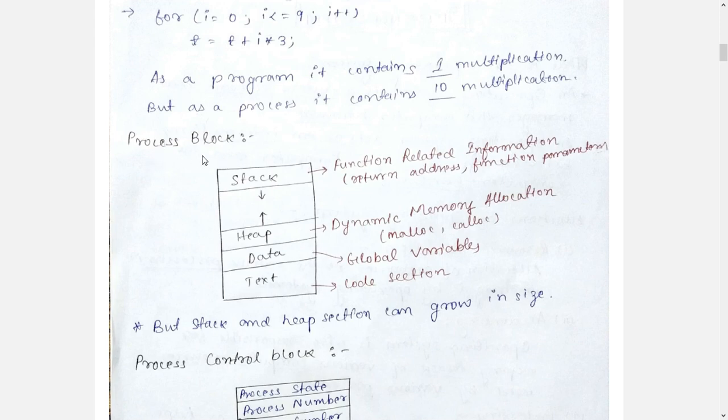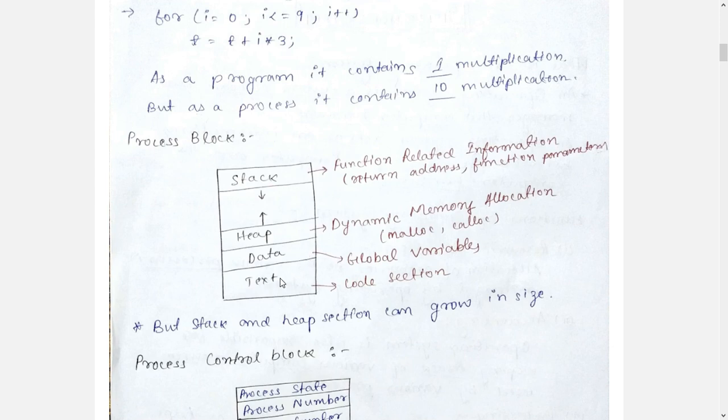The next topic is process block. So as I said, as a program it is nothing but a piece of text, but as a process it has many complexities associated with it to be able to execute. So a process has various data structures to maintain. It has a stack, it has a heap, a data block, and a text block.